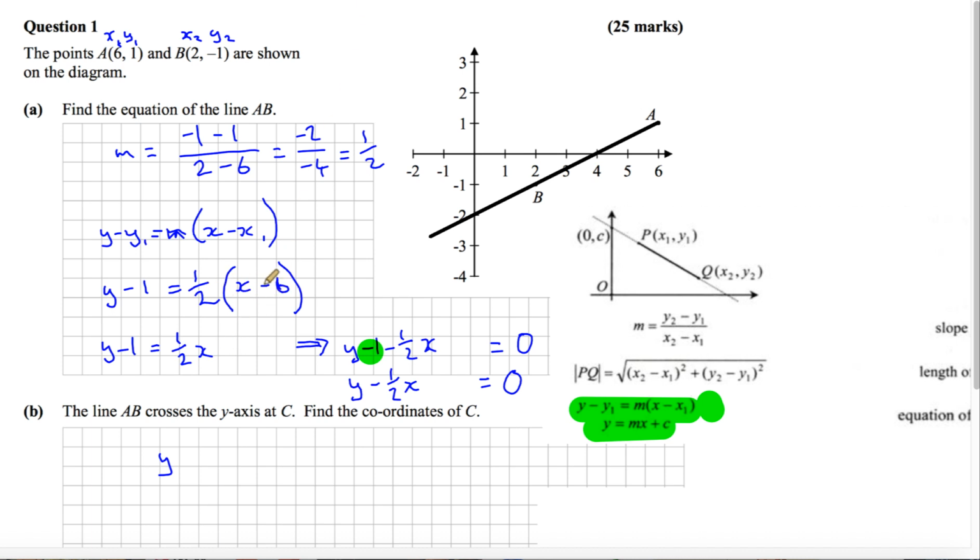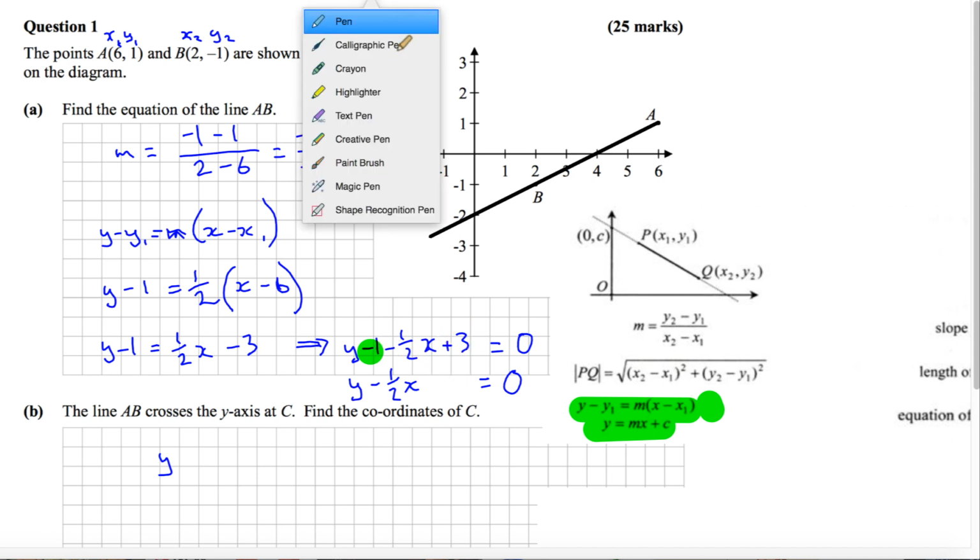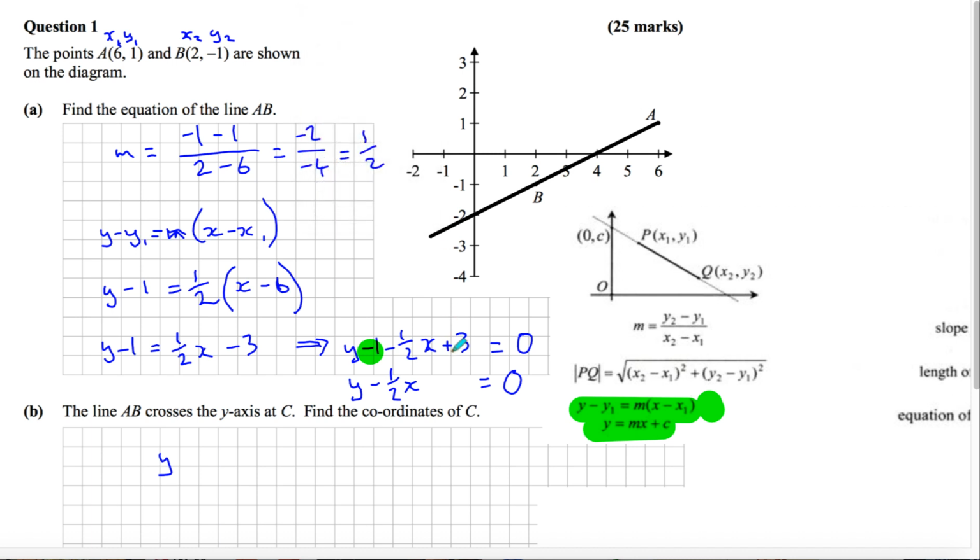Okay, so a half by minus 6 is actually minus 3. So that's here going to be plus 3. And then that will be minus 1 plus the 3 is actually minus 2.